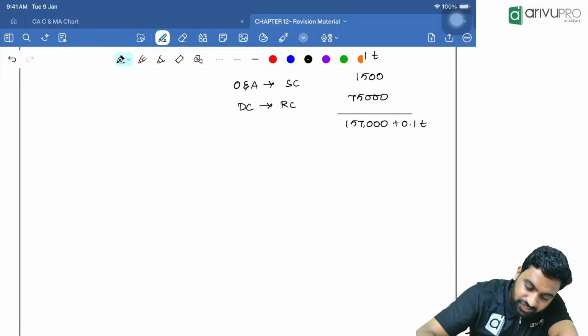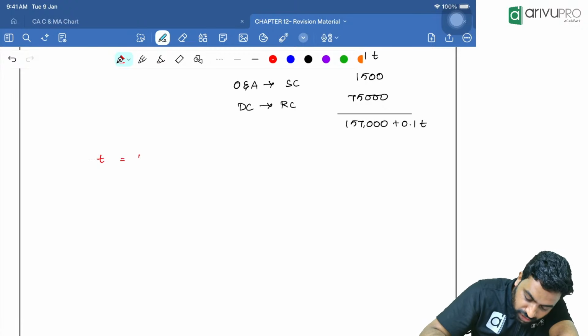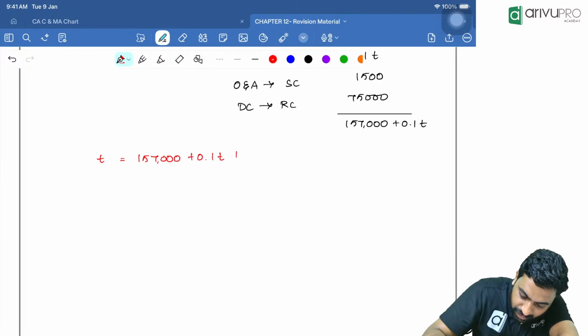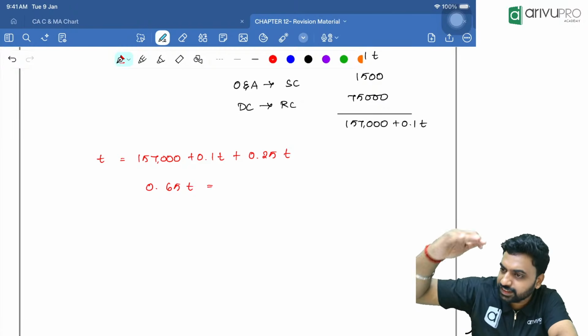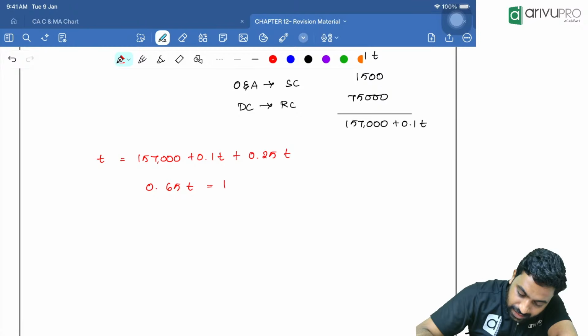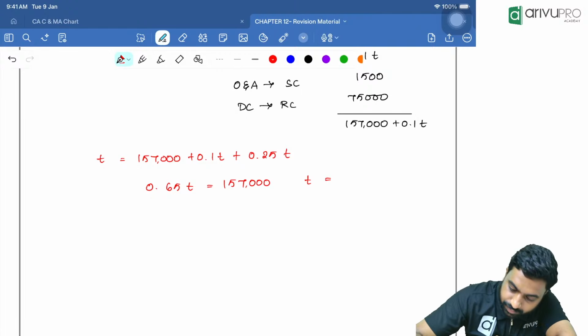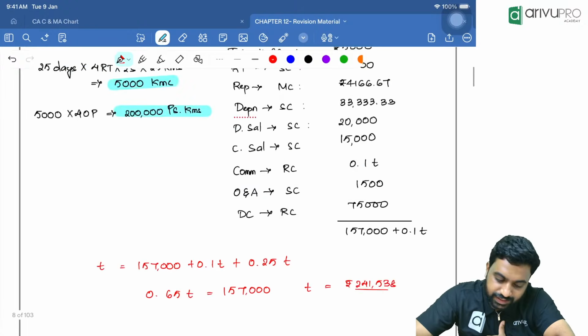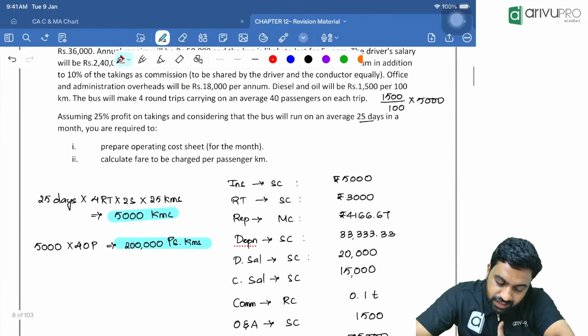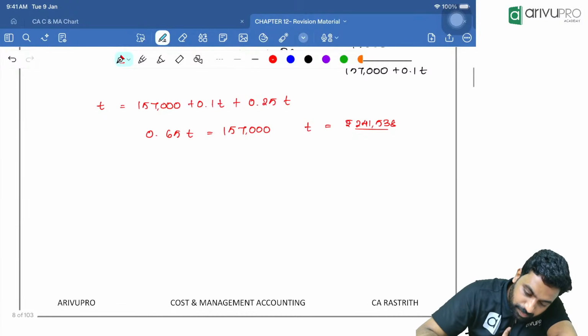That means if the takings is equal to T, cost will be 1,57,000 plus 0.20 T, and your profit will be 0.25 T. So 0.65 T is equal to 1,57,000, because that 0.35 will go to that side with a minus. So T is equal to 2,41,538.